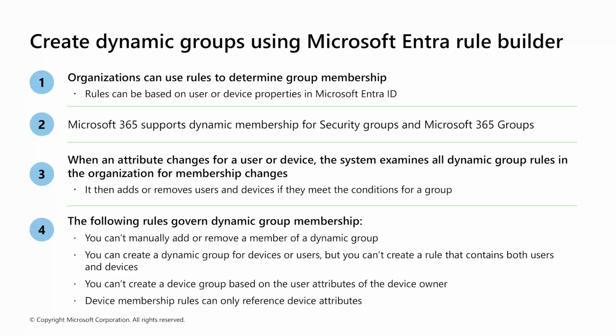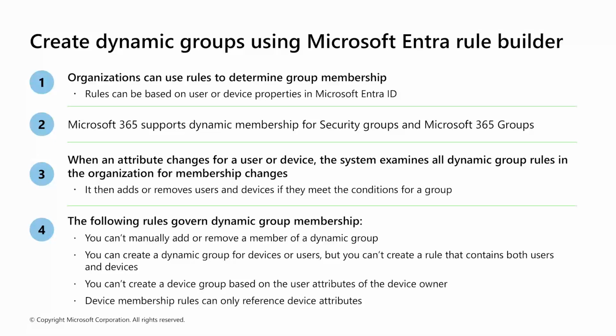you can see here, guys, when an attribute changes for a user or device, the system examines all the dynamic group rules in the organization for membership changes. It then adds or removes the users and devices if they meet the conditions for a group. So the following rules govern the dynamic group membership.